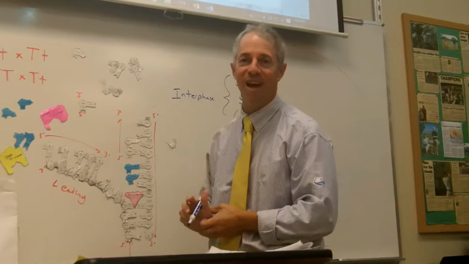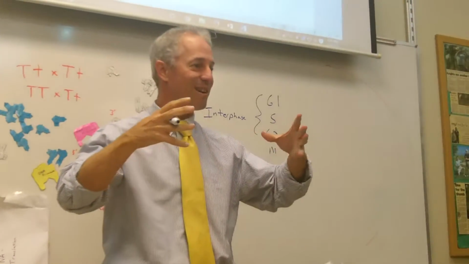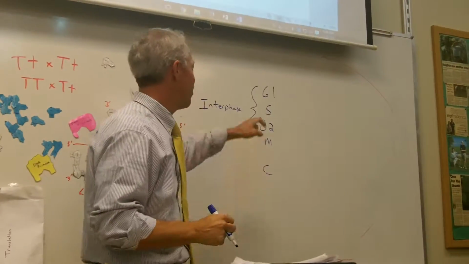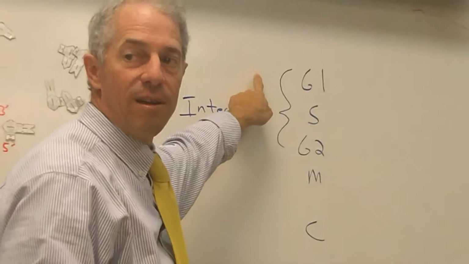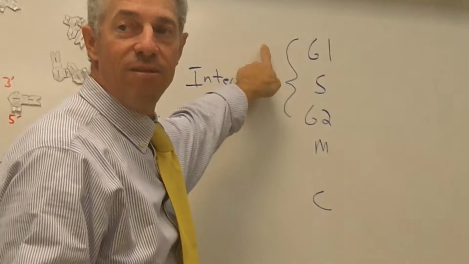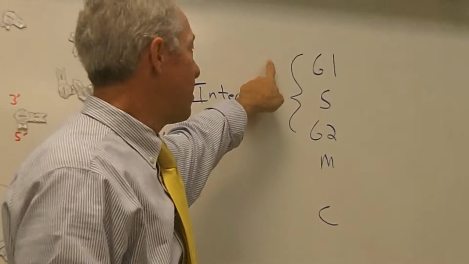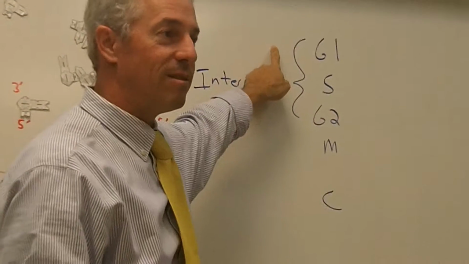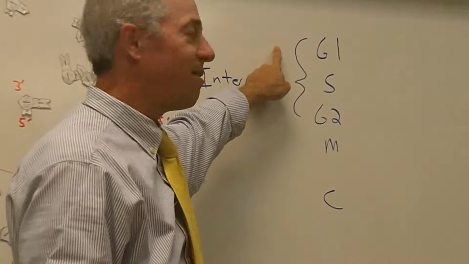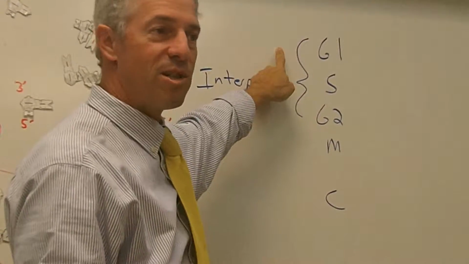Normal cell's life and function, and the cell gets bigger and bigger as it grows. That's G1. Are you happy with G1? Say that one more time. The cell grows and does normal functions. Okay. That's what happens in G1. The cell gets bigger. Questions about G1?